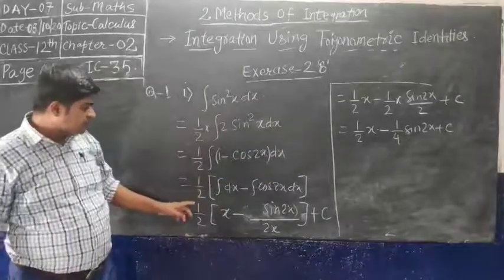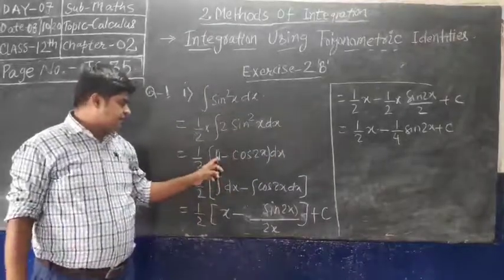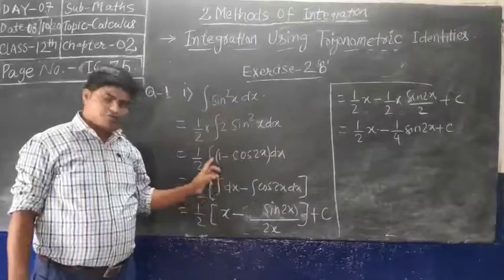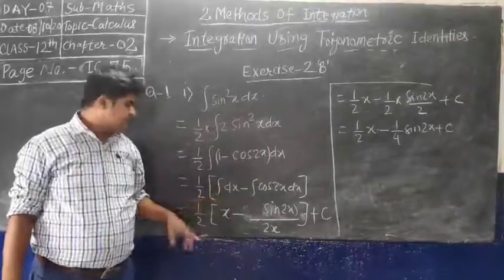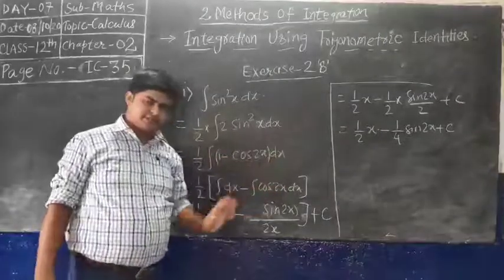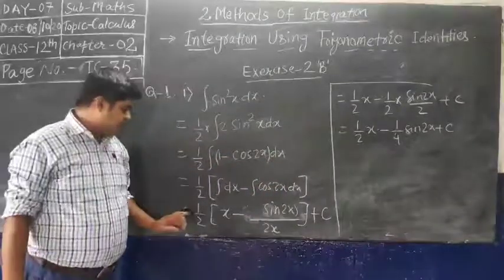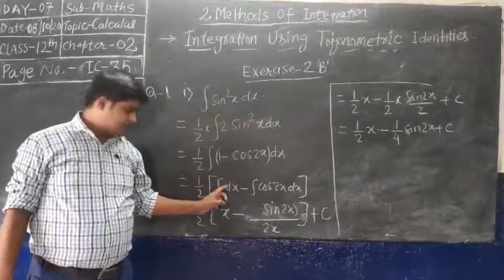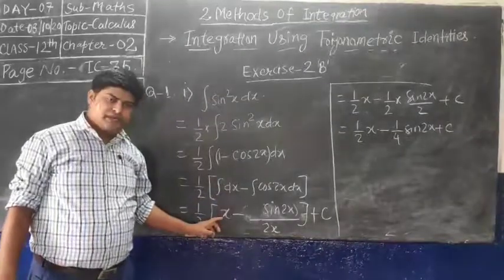Okay, 1 by 2. Now you will separate: the integration of simply dx minus the integration of cos 2x dx. You know that the integration of dx is equal to x.